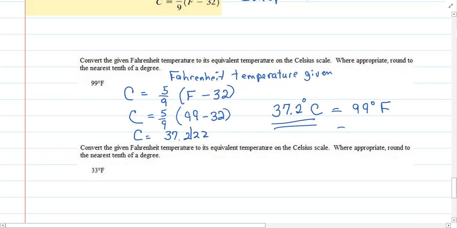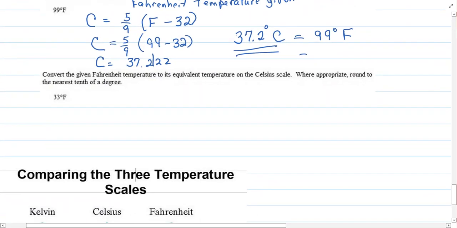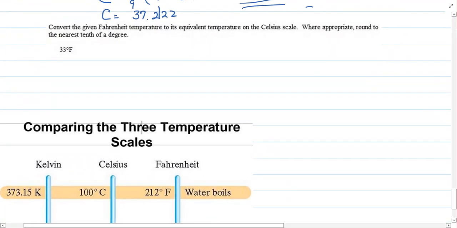Okay, we have another one to do, and this one is 33 degrees Fahrenheit. Now we want Celsius. So our Celsius formula is the 5/9 parenthesis, the Fahrenheit minus the 32 parenthesis.